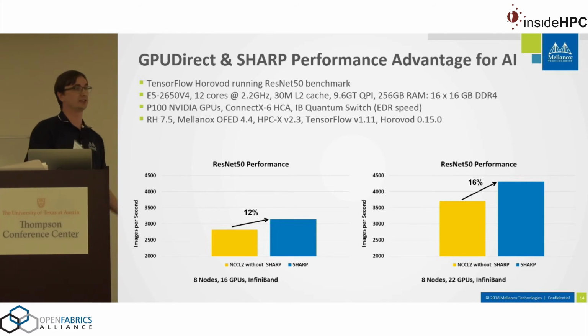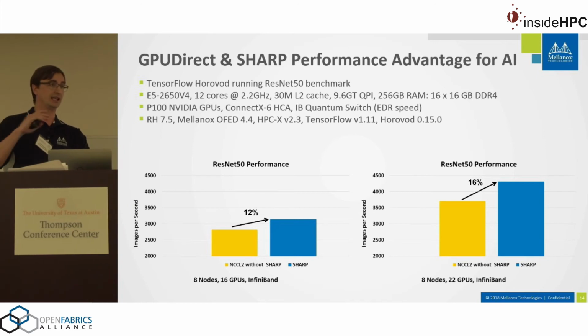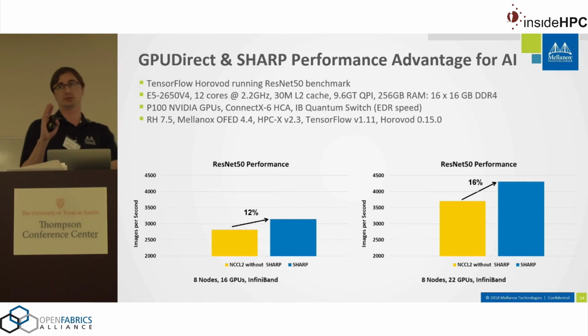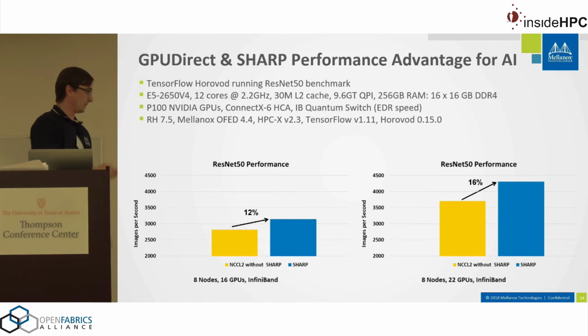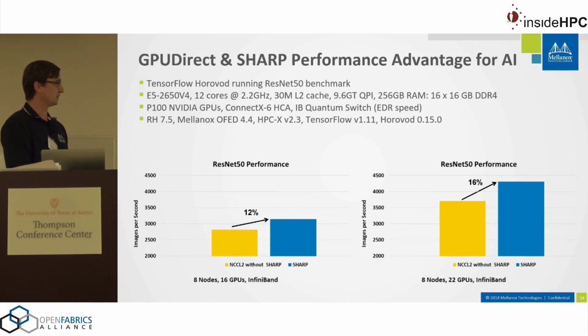With Sharp, on the other hand, we copy the data directly from the GPU and send it to the network, and let Sharp handle the reduction of the data. As you can see, we can achieve almost 12% improvement over pure NCCL, and as we increase the number of GPUs, we improve the performance even more, by 16%.